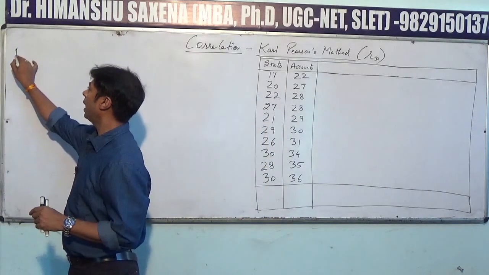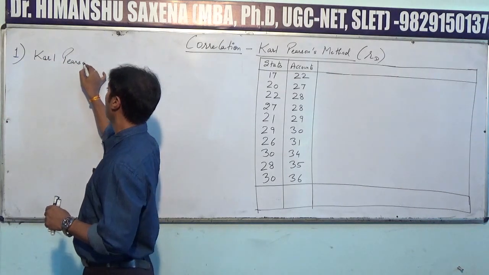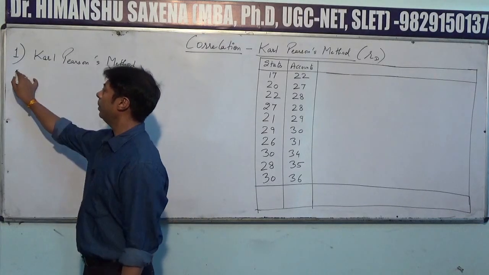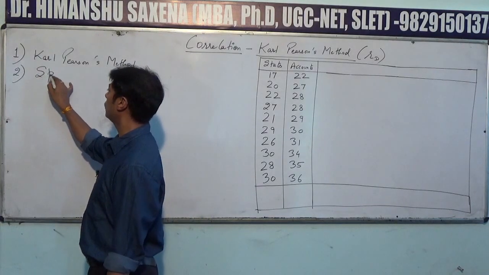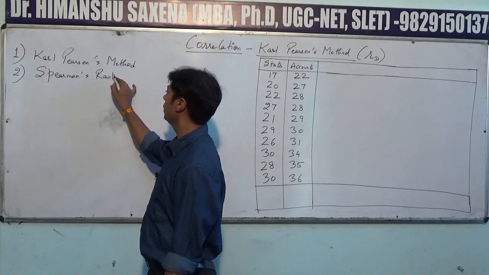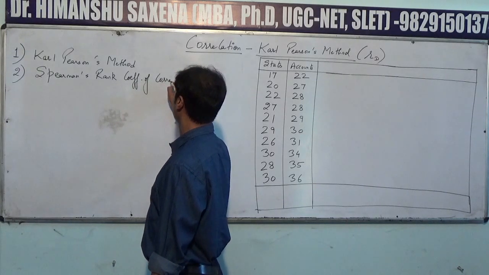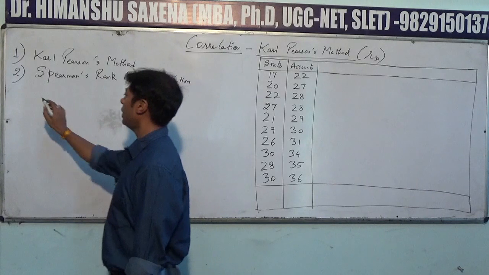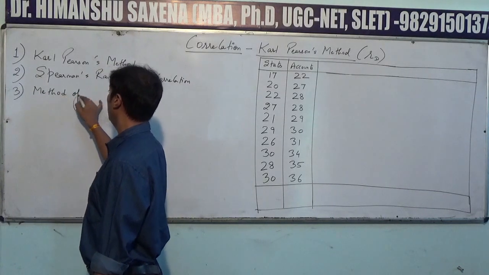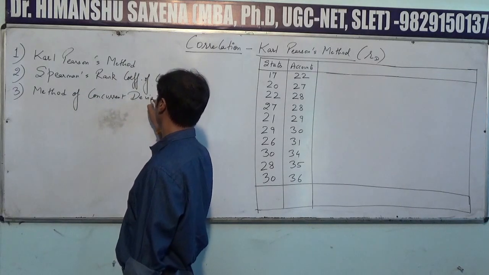Now correlation can be determined by Karl Pearson's method. It can also be determined by Spearman's rank coefficient of correlation, and it is also determined by using method of concurrent deviations.